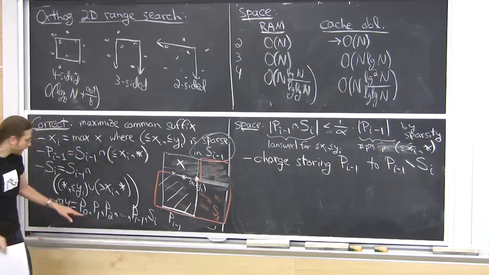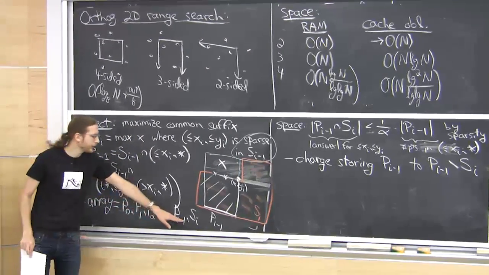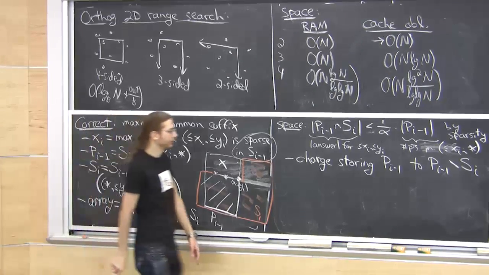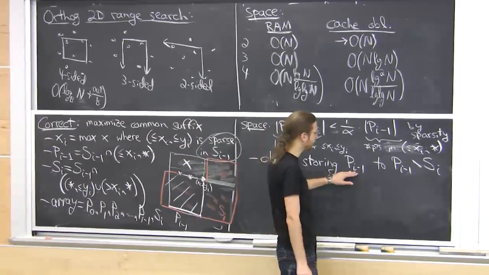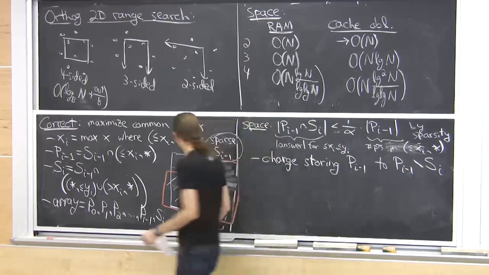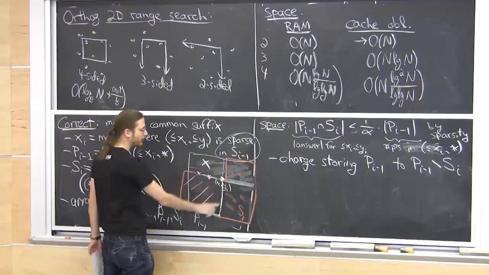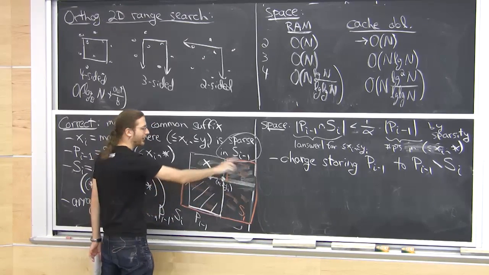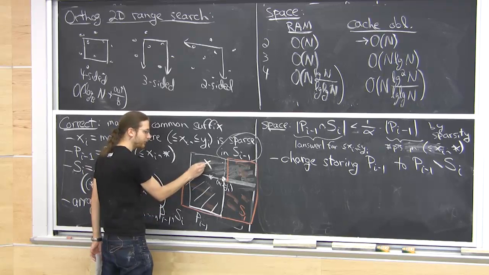So now we have to store pi. So we want that the sum of the sizes of the pi's is good. And so here's my charging scheme. We have to store pi minus 1. I'm going to charge it to these points. What are those points? Those are the points that are inside the white rectangle, but outside the red L shape. So that's these points.